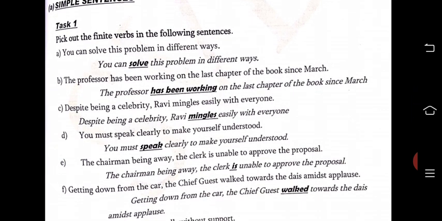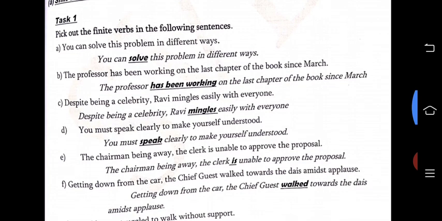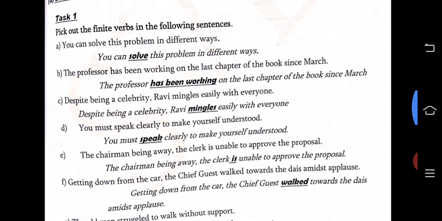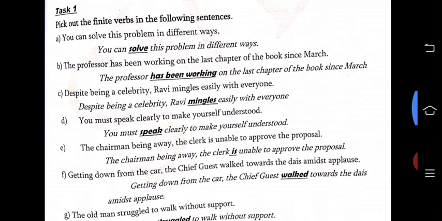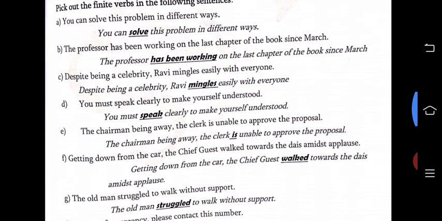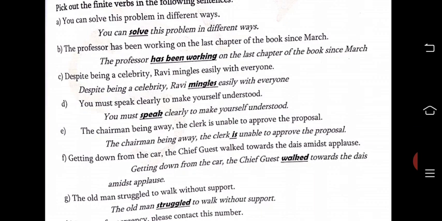The professor has been working on the last chapter of the book since March. So again, has been working is the finite verb. Despite being a celebrity, Ravi mingles easily with everyone. So here, mingles is the finite verb. You must speak clearly to make yourself understood. So speak is the finite verb.